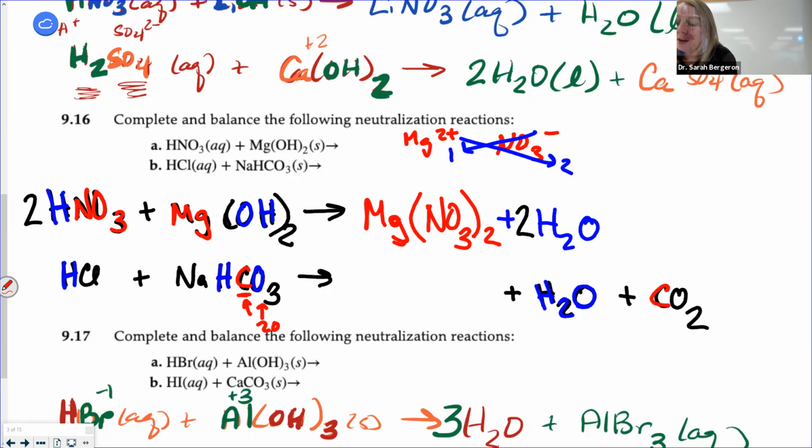So I put a carbon and 2 oxygens there. So what's left? NaCl. Am I balanced? And are my formulas correct? Right, it's NaCl. You know that's correct, right? But am I balanced?